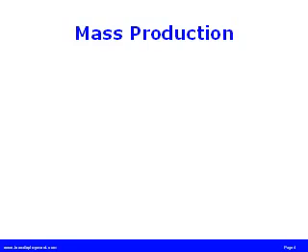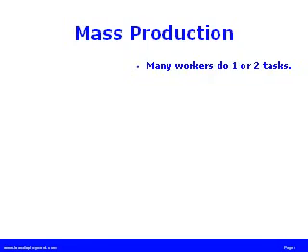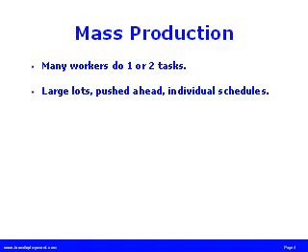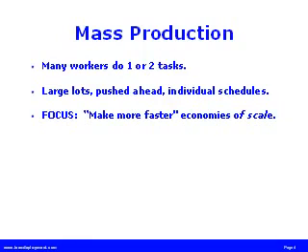Next came mass production. Here, many workers did one or two simple tasks. Large lots of products were pushed ahead against individual schedules from the operators. It was very much a focus of make more faster for economies of scale, and operators tended to work within isolated islands.